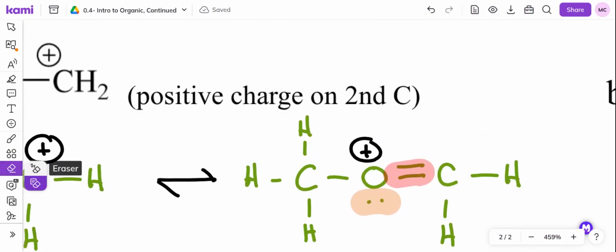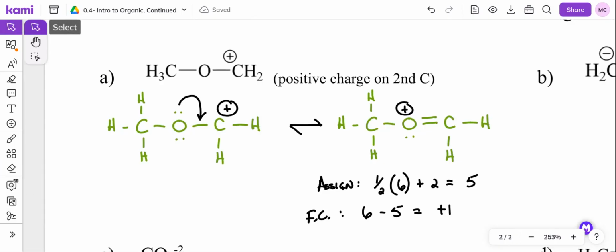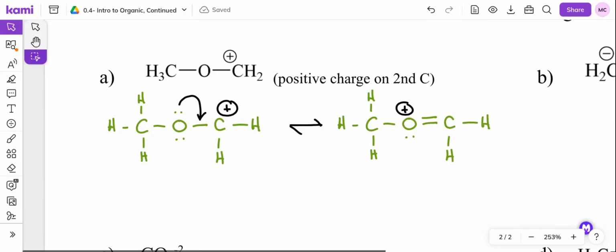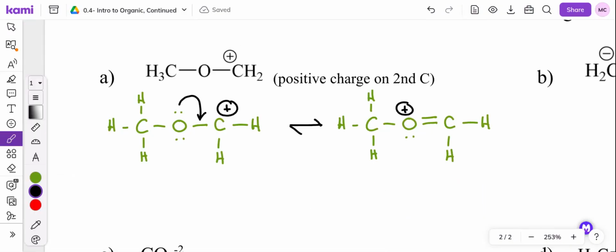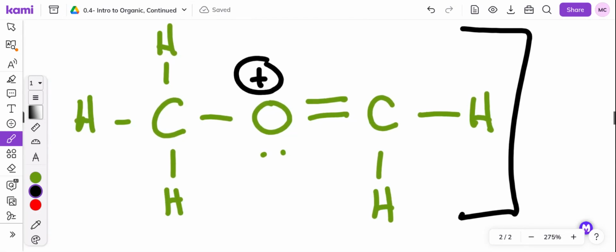So technically that is my resonance structure. Resonance structures for this compound. And don't forget that we definitely want to put brackets around here. And you don't have to put the charge on the outside because the charges are indicated here. Now, I know that you see that there's a double arrow here. How do we get this back to the way it was? Because that's what resonance does.